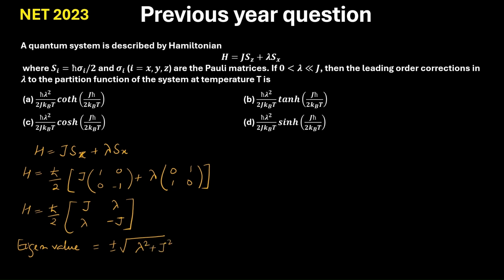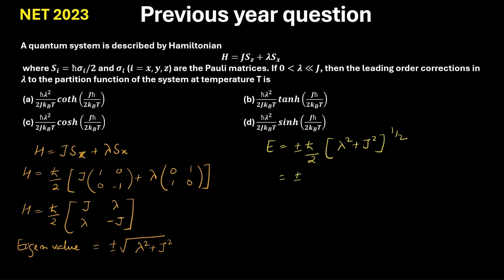Now we have the energy here. So let me denote the energy by E. E is equal to plus minus h bar by 2 lambda square plus J square to the power half. So what I'll do is, I'll take J common.